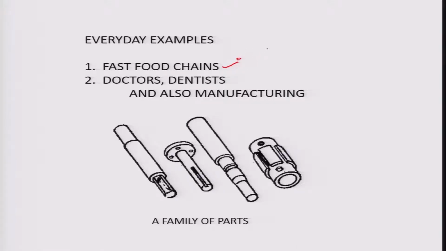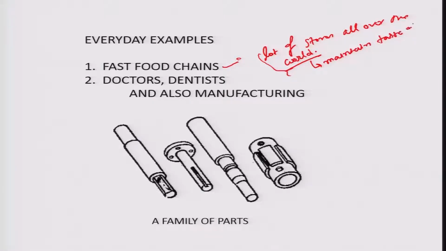One company is opening a lot of stores all over the world, but the most challenging task is to maintain the taste of the food as well as the quality of the food. With the help of group technology you can achieve this kind of property for a food chain store.